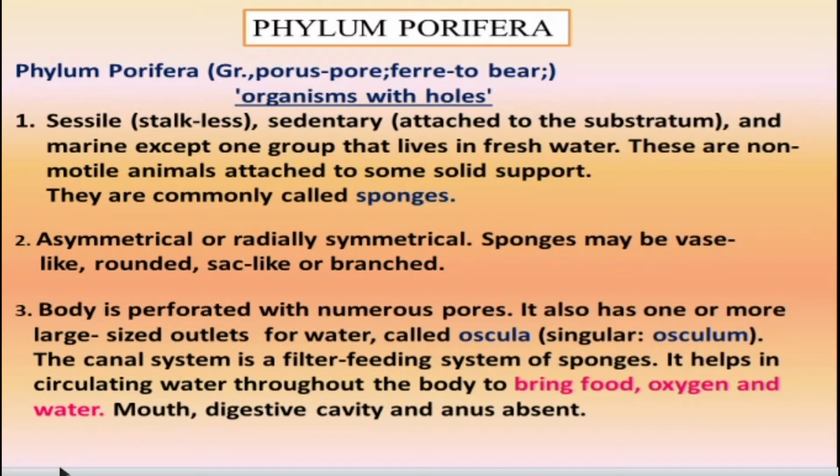The body is fully covered with pores and holes, so water flows inside and comes outside of the body of the animal. It circulates water inside and outside the body, and that time it takes food, oxygen and water. Moreover, mouth, digestive cavity and anus are absent.